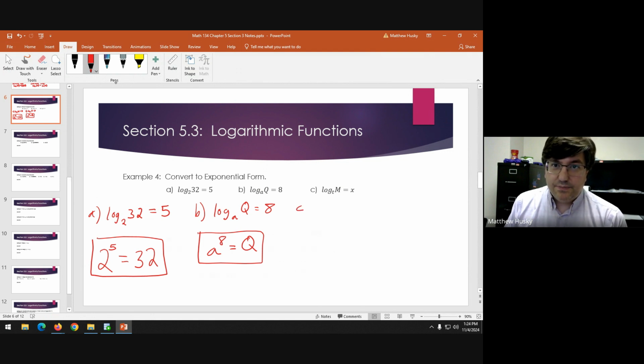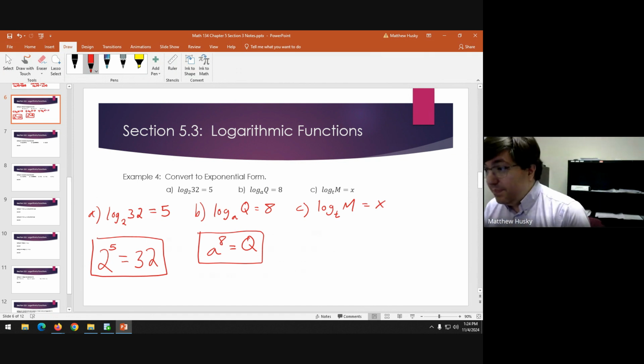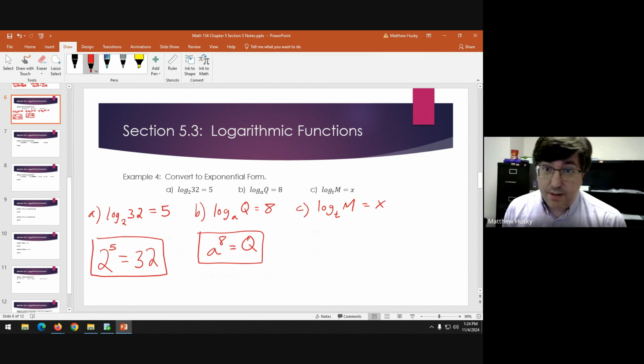Let's see here. Log base T of M is equal to X. So the number down below is the number down below. That's the base. That's going to be T in this case. We'll start with T and raise that to what the log equals. That's the X power, T to the X power.